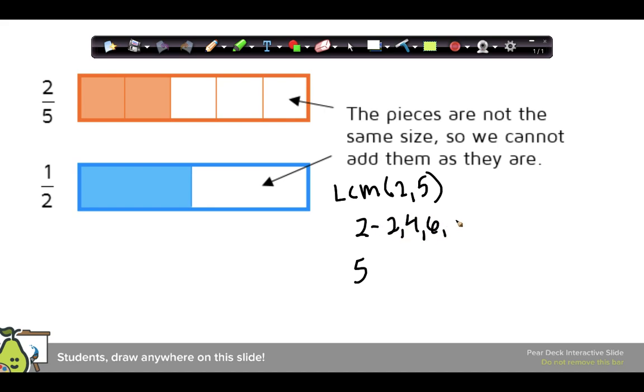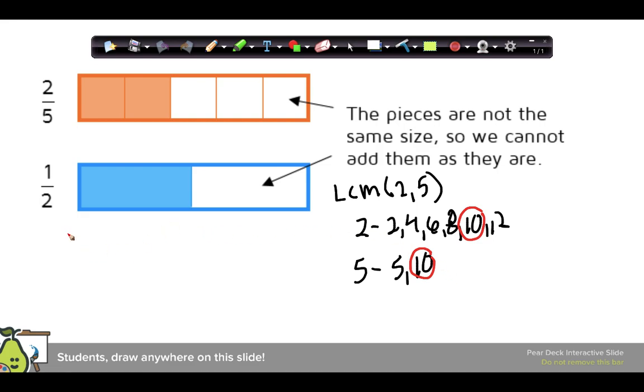So just multiples of 2 and multiples of 5. And I just have to stop right there because I've already found a multiple that's in both lists. And it's the first one that came up.